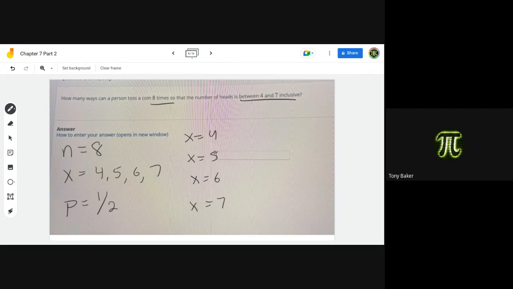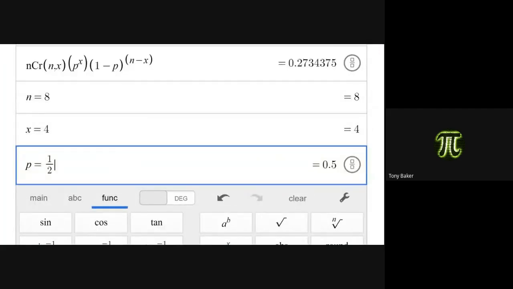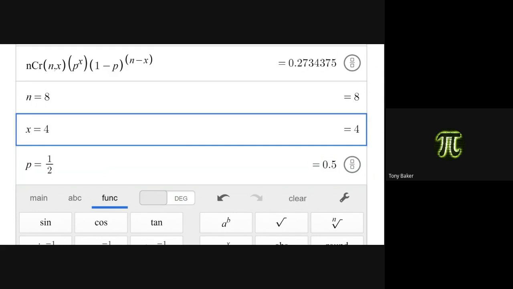The nice thing is, here's my n is 8, my x is 4, my p is 1/2. So I get, we'll do 3 places, 0.273. And that's why Desmos is so nice to use. I just have to change the x.